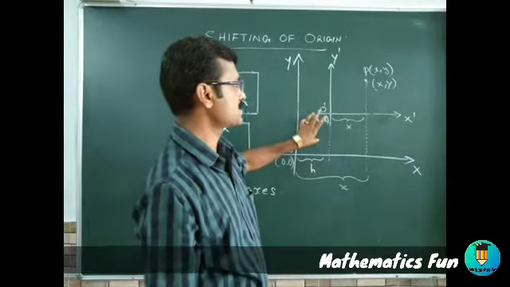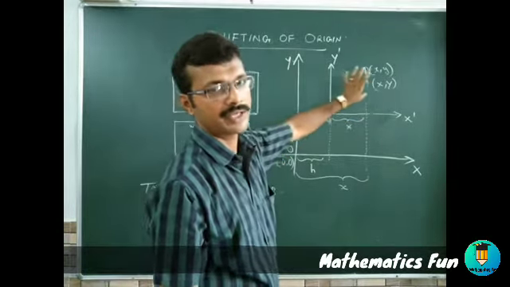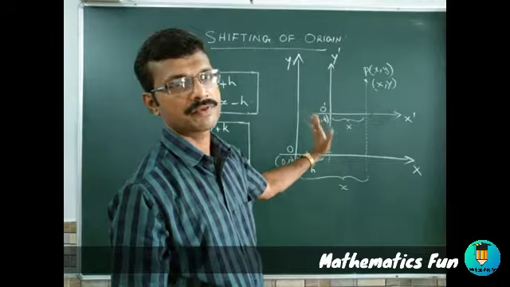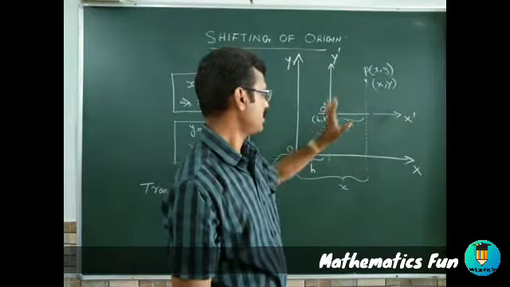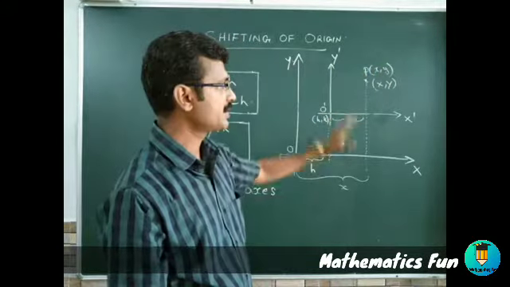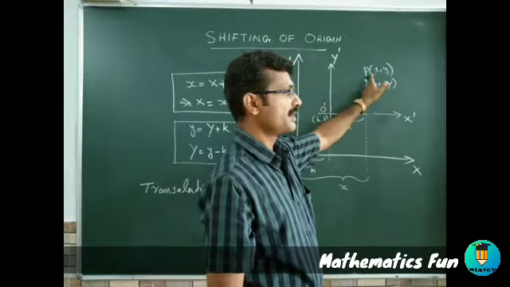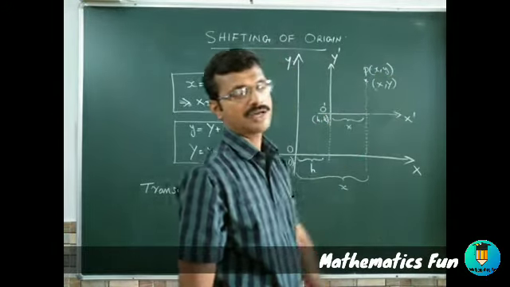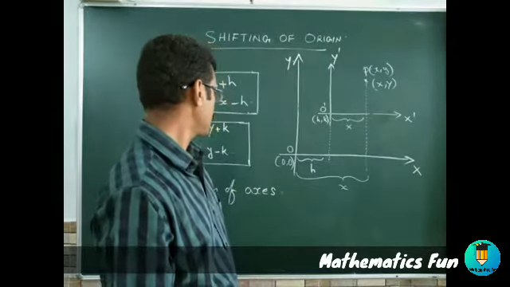So there won't be any change in the magnitudes, like length, or even area of a figure, if you shift from the original system to the other axis when the axis is shifted. Only the changes will take place in the coordinates as well as the equation of the curve. That's the thing we are going to discuss.